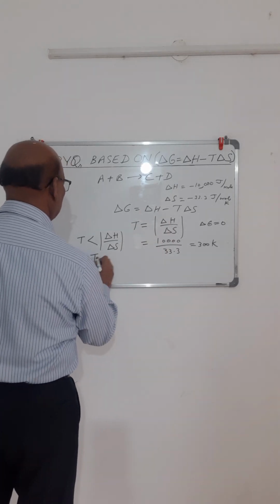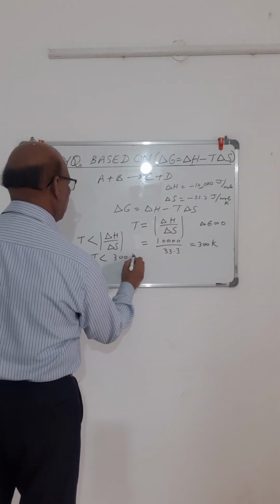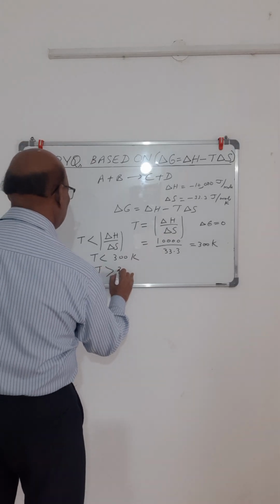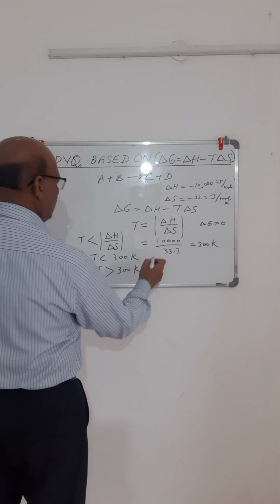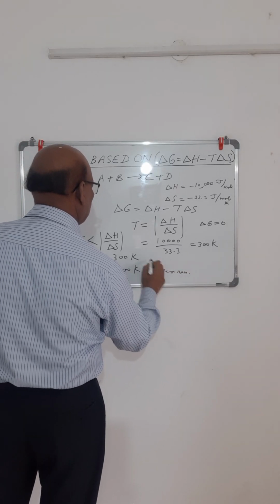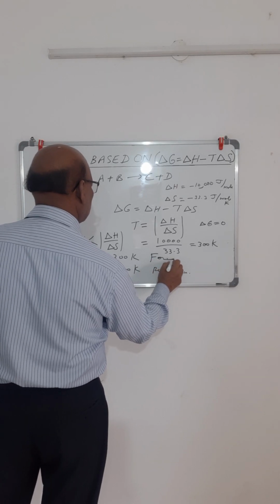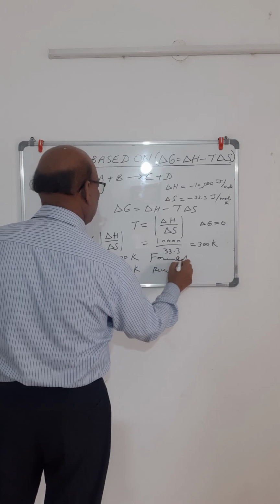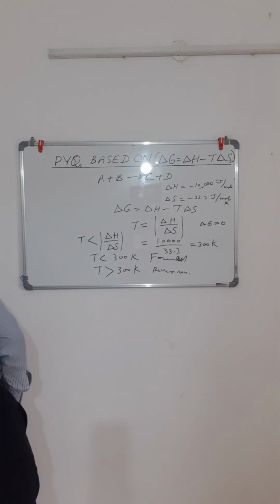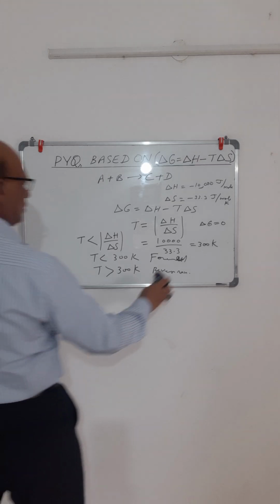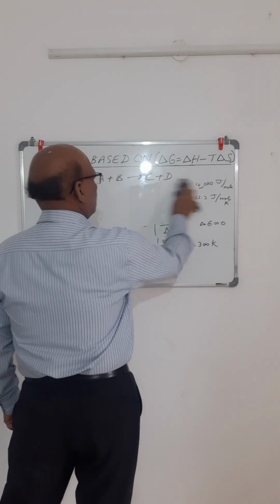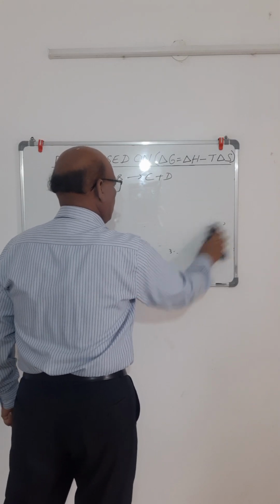So when temperatures are less than 300 Kelvin, the forward reaction will be favored, and when temperature is more than 300 Kelvin, then reverse reaction will be favored. So that was only asked from us, that at what temperatures the forward reaction will be favored and at what temperatures reverse reaction will be favored. So I hope this question is understood.